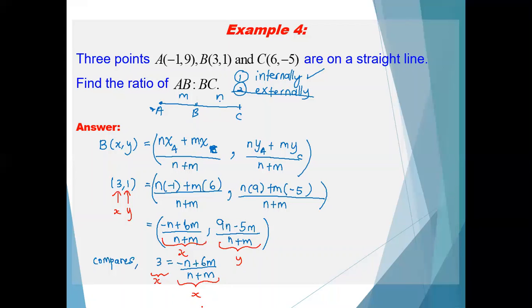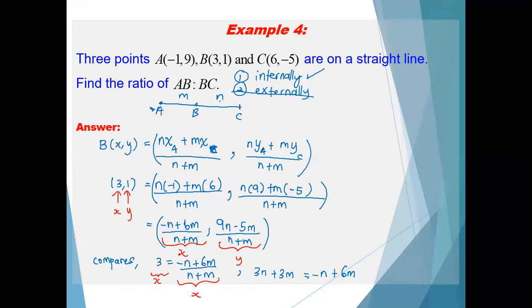So what we have now is 3N plus 3M equal to -N plus 6M.